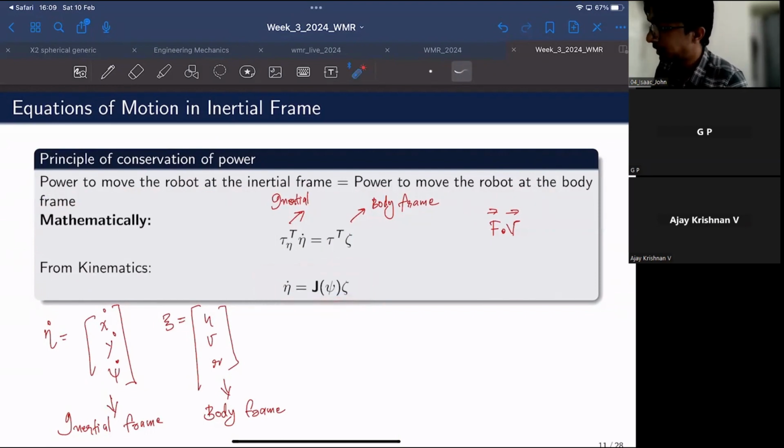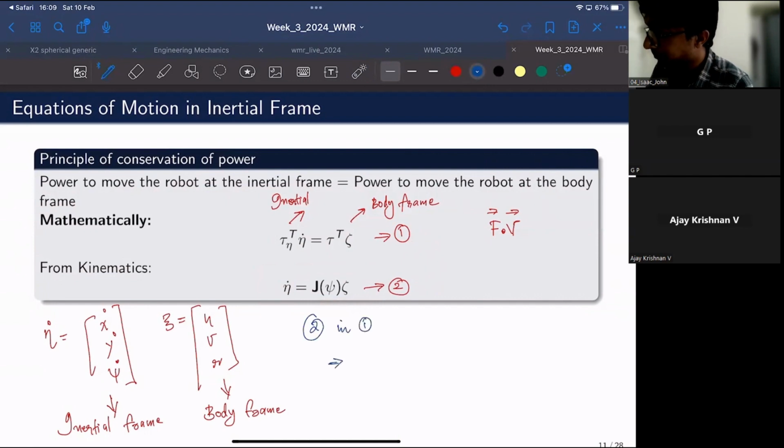If I label this as equation 1 and this as equation 2, and substitute equation 2 into 1, we get tau eta transpose eta dot equals tau transpose, and instead of zeta I write J of psi inverse eta dot.